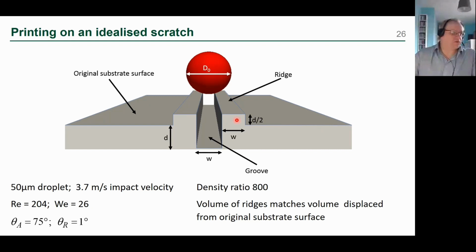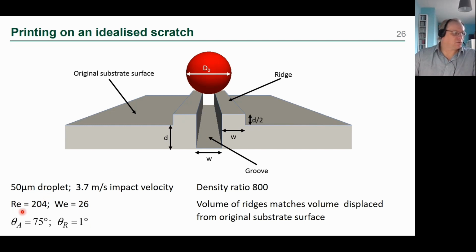And these are added to mimic what happens if you imagine that a scratch was actually made on a surface. The material which is ploughed out of this groove here would be displaced onto the sides of the scratch. So it's an idealized representation of that material that's been displaced from the original surface. And that's why the volume of these matches the original displaced volume here.